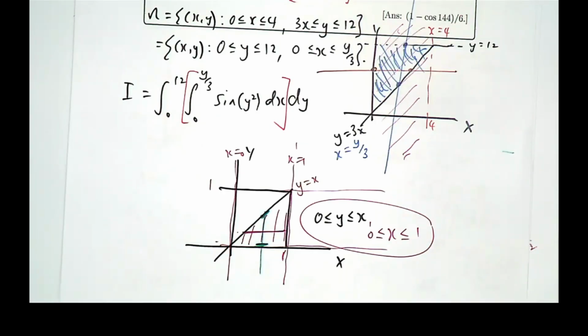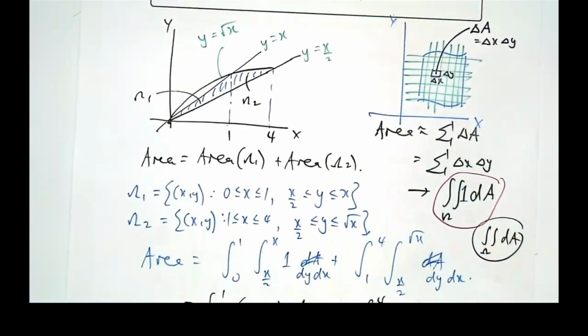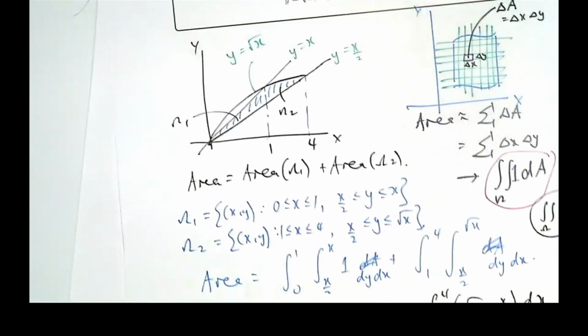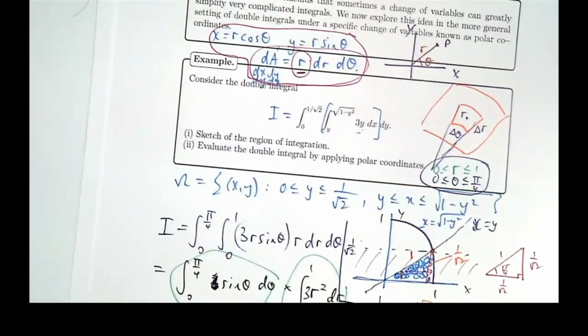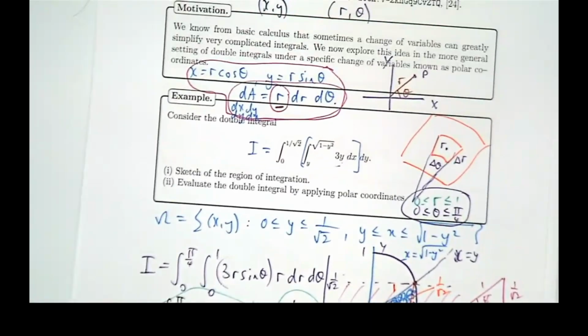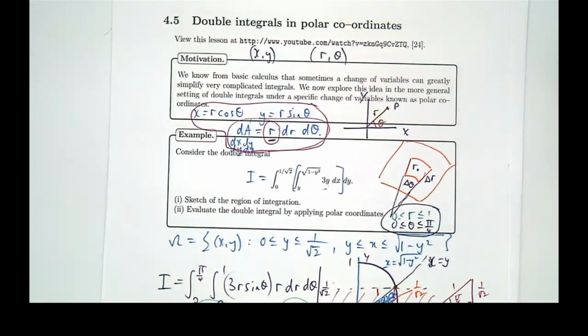All right. We also looked at area, right? We also looked at that, so that was good. And this was, I think, where we ended. Polar coordinates. Let me just zoom out a bit. Okay. So in polar coordinates, we're not using x's and y's, so horizontal and vertical dimensions.